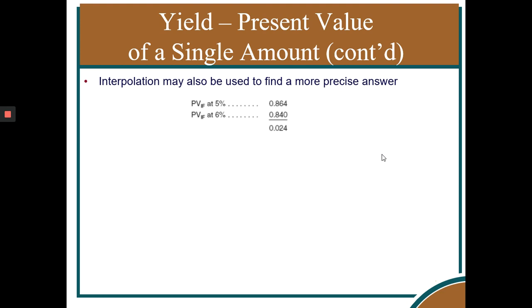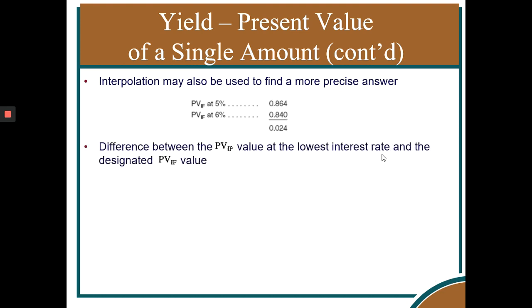Of course, interpolation methods can be used. Interpolation means more of trial and error, using the difference between the future value interest factor at the lowest interest rate and the designated present value interest factor.